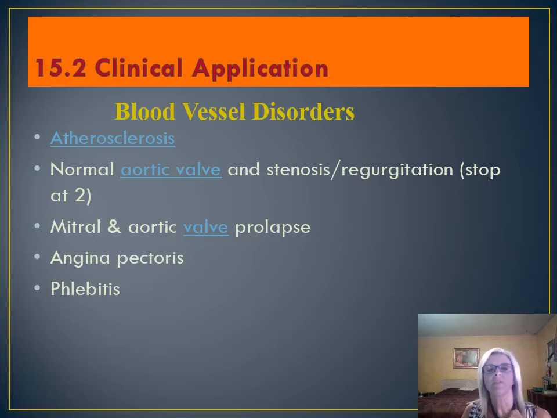So we can have several different blood vessel disorders, and we're going to look at just a couple of these. We can have a mitral valve prolapse or even an aortic valve prolapse. In a mitral valve prolapse, the valve bulges into the left atrium during ventricular contraction, and it can cause regurgitation.